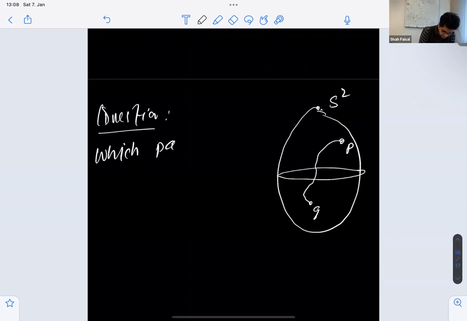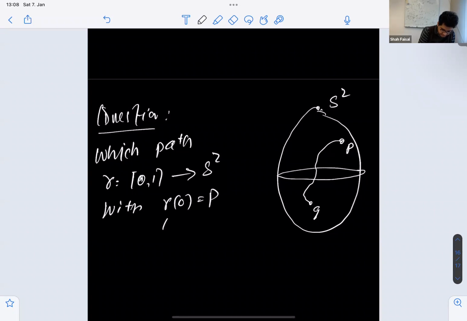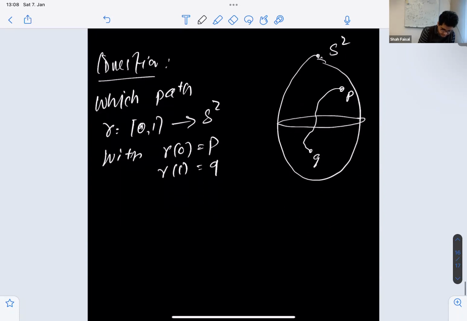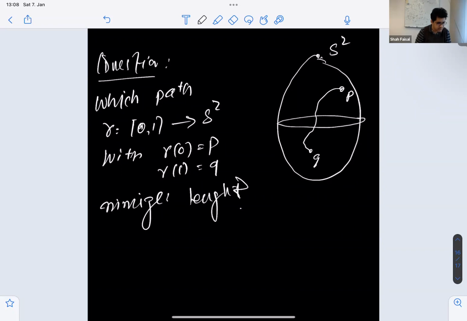A path would be a function gamma from, let's say, 0 to 1 to the sphere, which starts from the point P and ends at a point Q. Minimize length. What is the path of shortest length between the two?